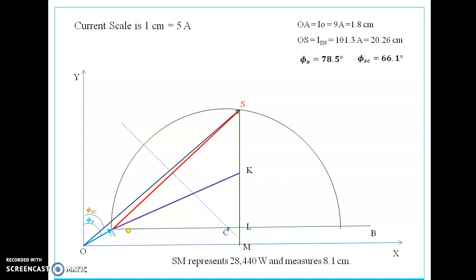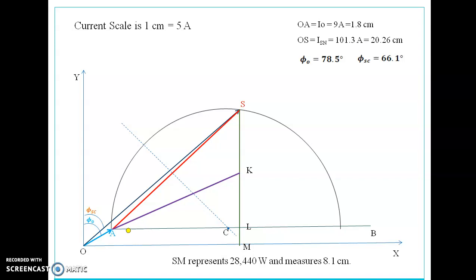Now for the power scale, we need to measure SM, which represents the power taken with normal applied voltage PSN. PSN was equal to 28,440, and from the measurement we get it as 8.1 centimeter.